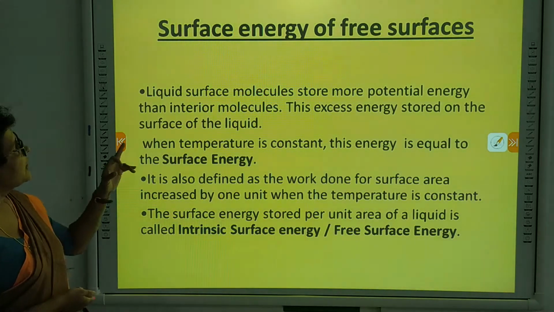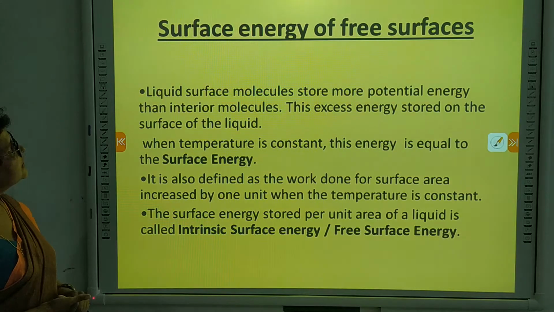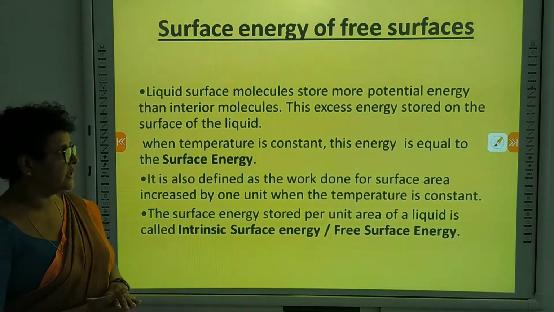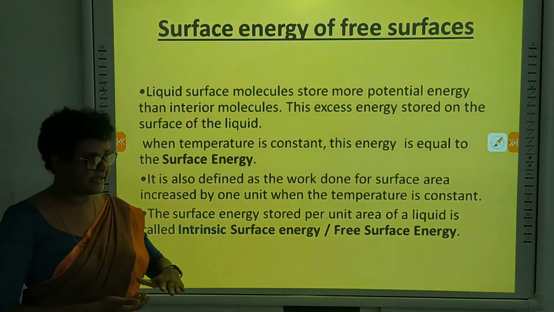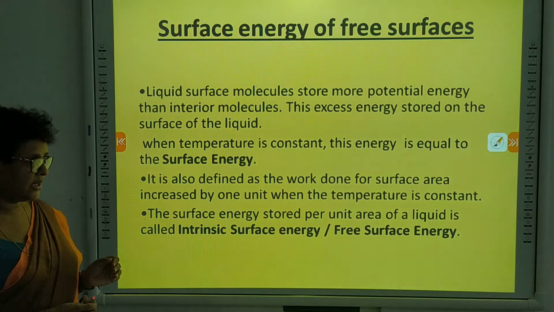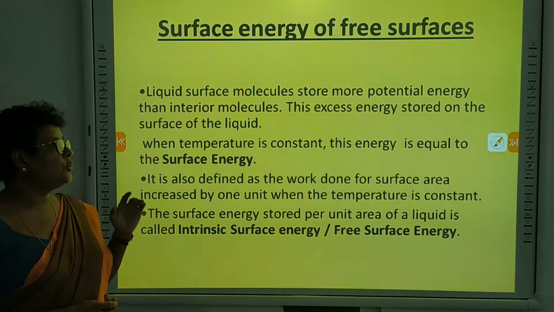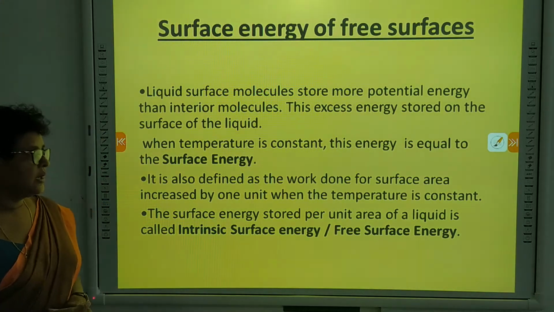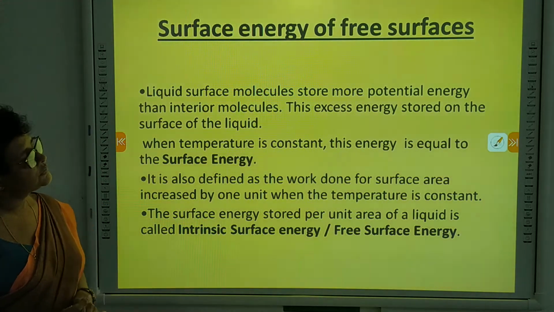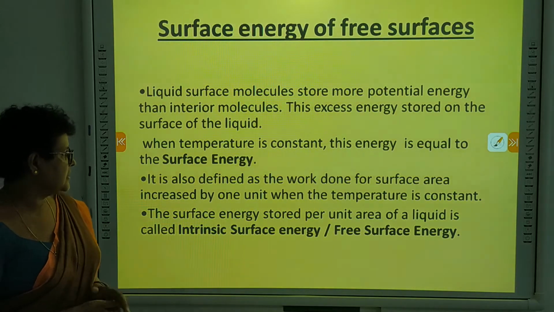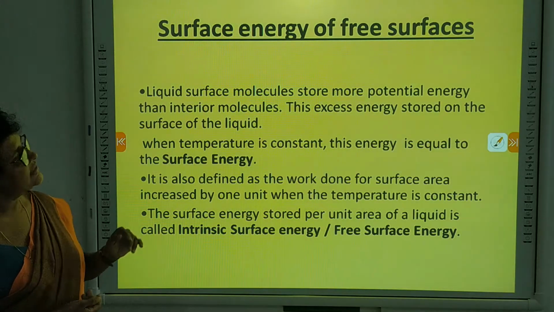Now here we want to define this surface energy of the free surface. If you have the area of the surface A and the total energy E, you divide E by A, then you will get the unit surface energy. That unit surface energy is called the free surface energy.